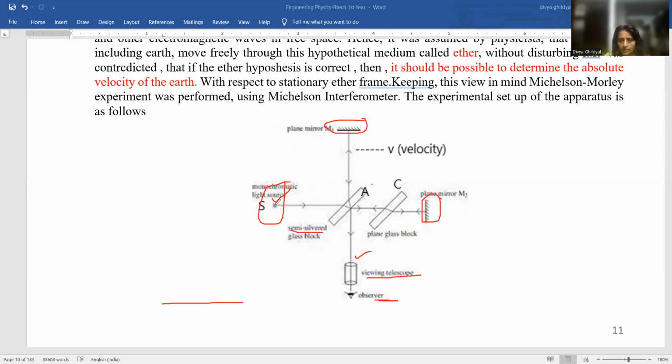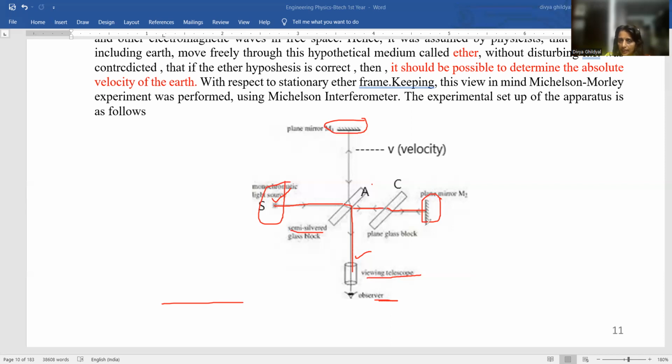It comes out from the monochromatic source of light S and falls on this semi-silvered glass plate kept at an angle of 45 degrees from the horizontal. Part of the ray gets reflected here, part of it is transmitted here, then it suffers an additional path difference because of the second glass plate that has been inserted to give an additional path difference, and it falls on the mirror M2.